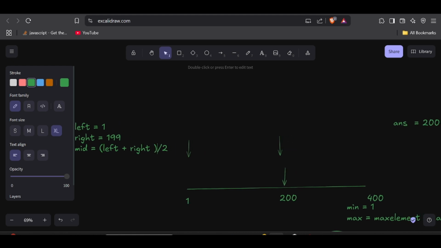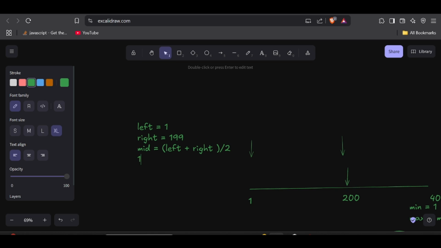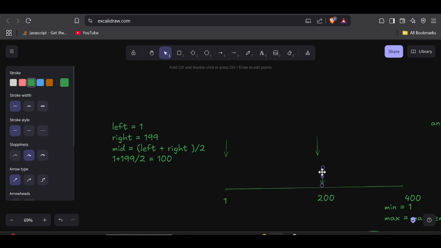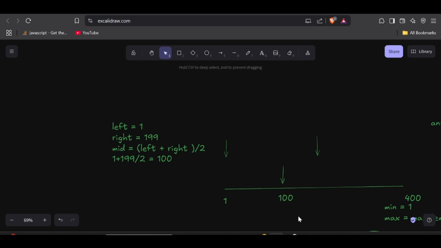So what will be my new mid? It will be 1 plus 199 divided by 2, which is equal to 100. So just take this mid, take it here, and now my new mid is 100.